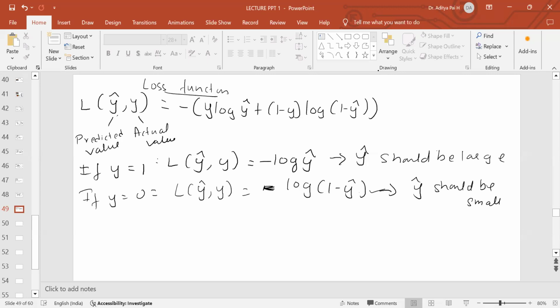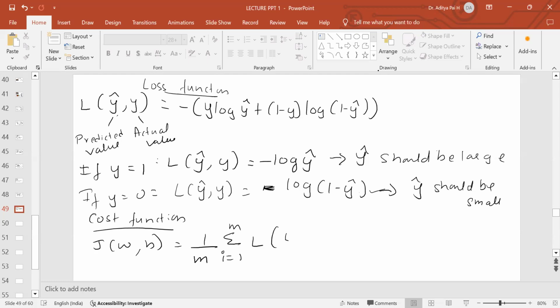And the cost function is calculated as the cumulative of the loss function. That is J of w comma b, which is 1 by m summation of i equal to 1 to m of L of y hat i comma y i.